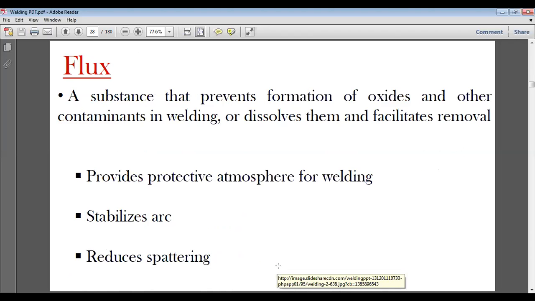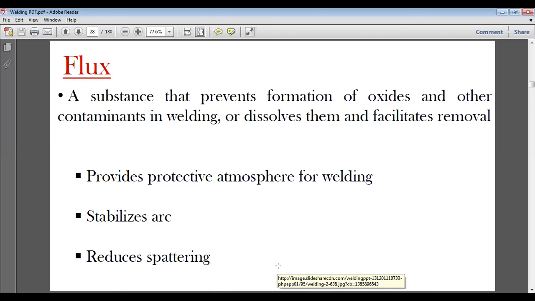So we have discussed flux is the powder, or flux is the granular material that is used to envelop, to cover the welding pool so that it does not come into contact with the oxygen of the environment, and hence flux is providing three basic factors. One is it protects the welding pool, then stabilizes arc and reduces spattering.